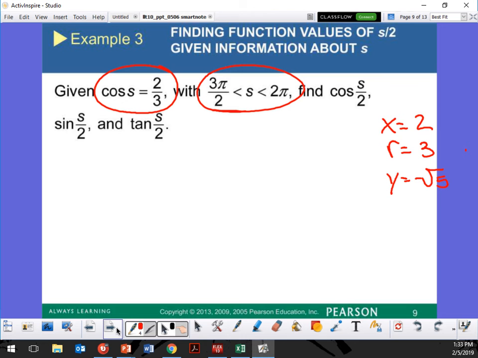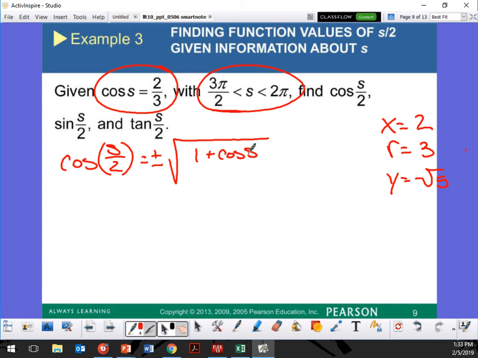Cosine of s over 2 is equal to plus or minus square root of 1 plus cosine of whatever my angle is, over 2. Now, what is cosine of s? 2 over 3, right?